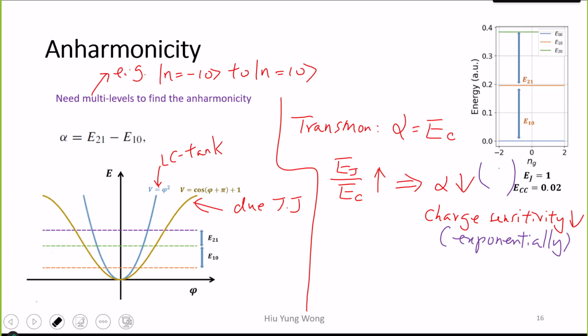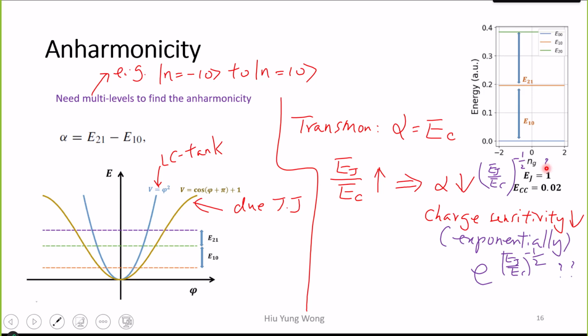I forgot the equation. It might be EC to the power, let's say, negative half. Anyway, you need to check my book, I forgot. But the point is that there's a trade-off, just like any engineering work.